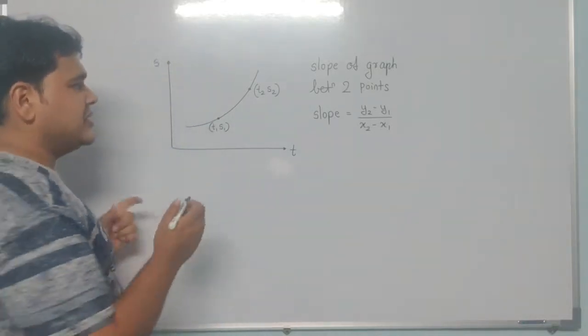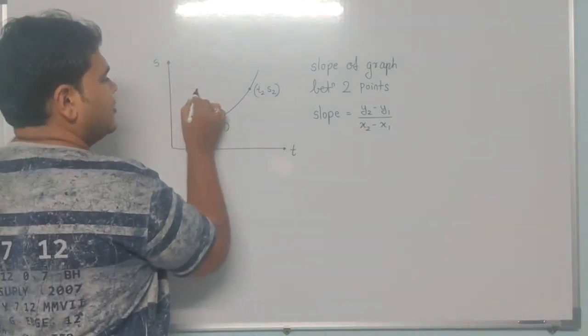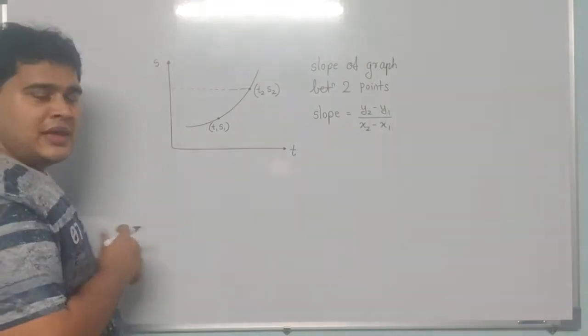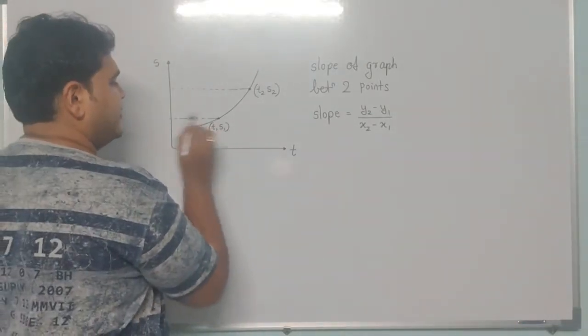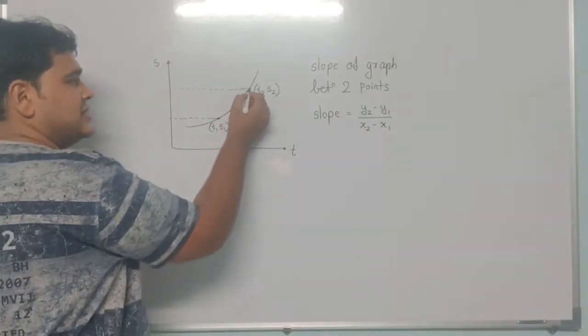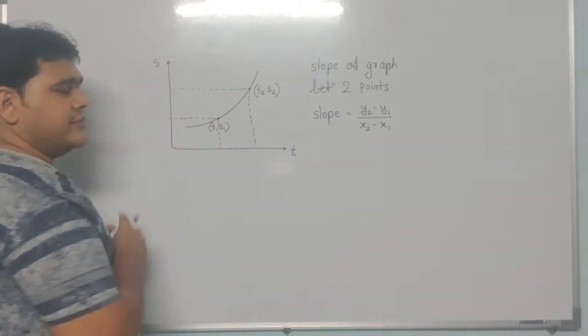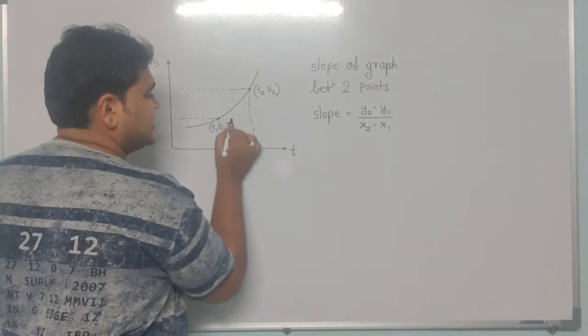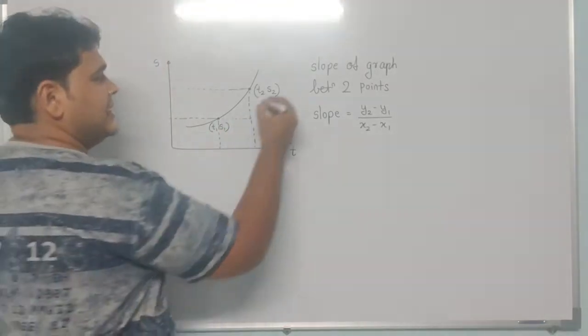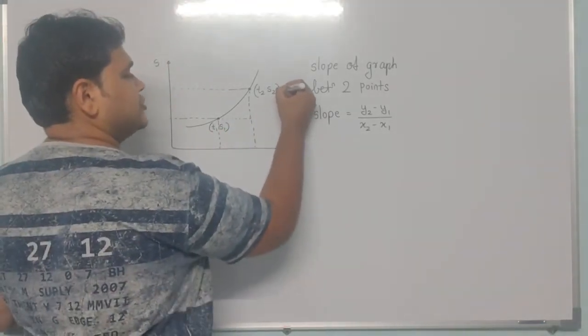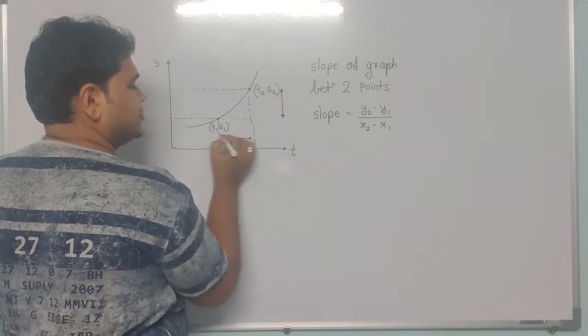What I actually mean is, this is my y2 and this is my y1. This is my x2 and this is my x1. So if I extend this, indirectly I am taking this ratio upon this ratio.